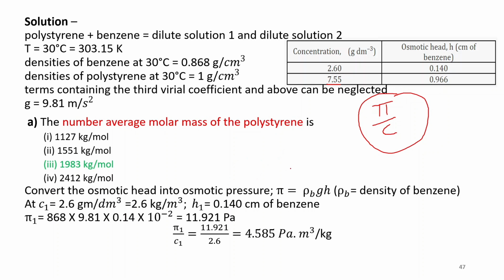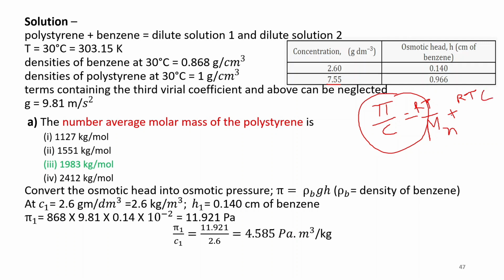Because we know there is a formula which says pi by C equals RT by Mn, where Mn is the number average molecular weight, plus RT times something in terms of the concentration, RT C divided by something.